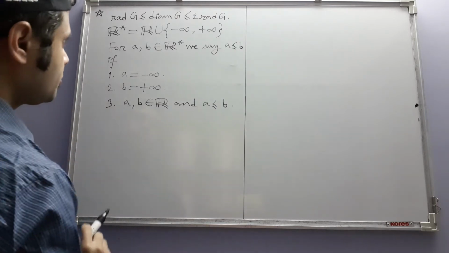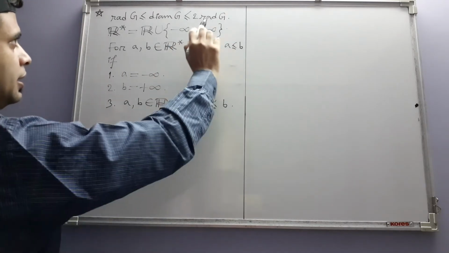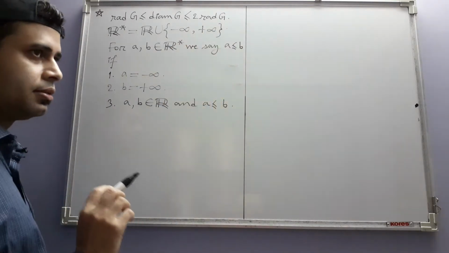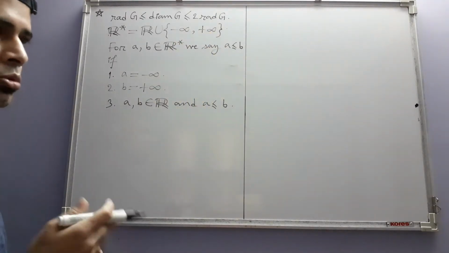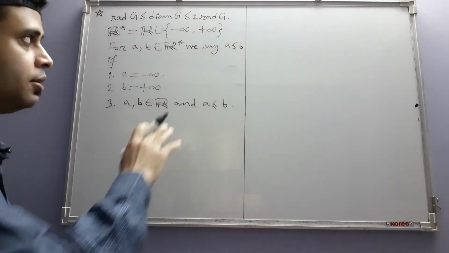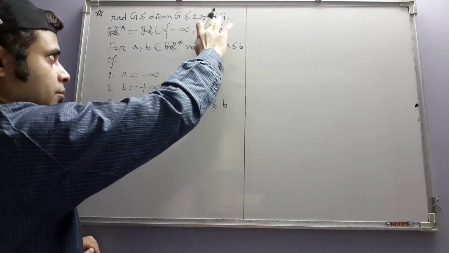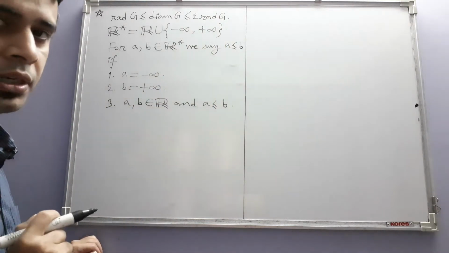Okay. One more thing is this: if say radius of G is infinity, then what is the interpretation of 2 times infinity here, where we seem to be multiplying 2 and infinity?